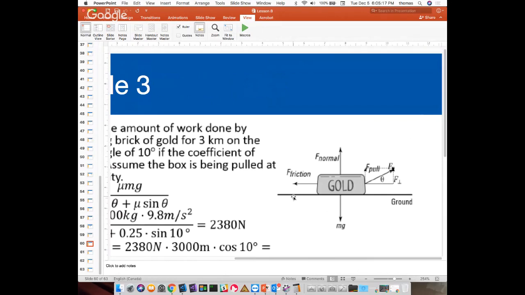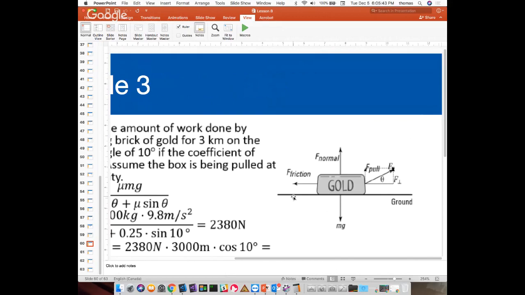Now how do I look at this again, right? If I think about what I'm doing, I've been given the mass of the object, right? And work is force over distance, right? I've got the distance of the object. I've got the resistant forces of the object, and I've got the angle, right?